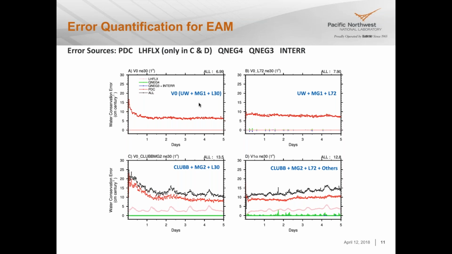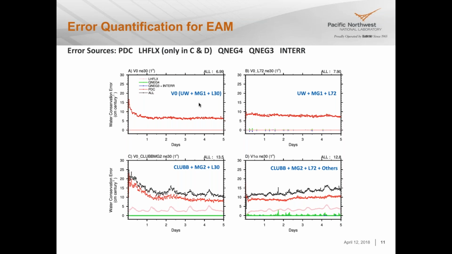Panel C is simulation with CLUBB and MG2. Panel D is a V1 alpha model. We can see that in all of the panels, there is a large physics-dynamics coupling error. This error is the dominant error in all those simulations.